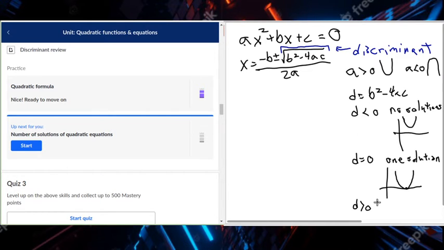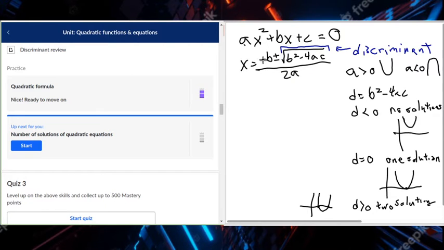So we're going to have two solutions, and that's going to look like this, where it crosses 2 times. That tells us a lot, between the value of a here and the value of the discriminant.